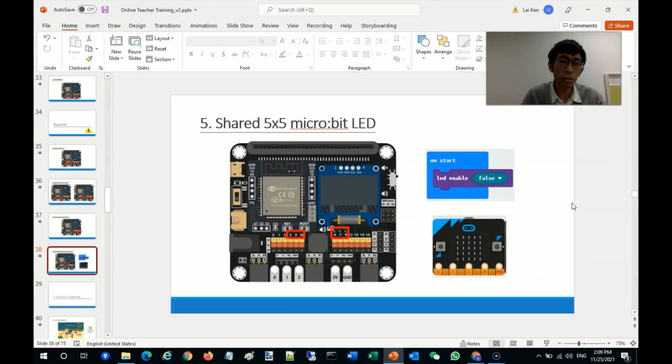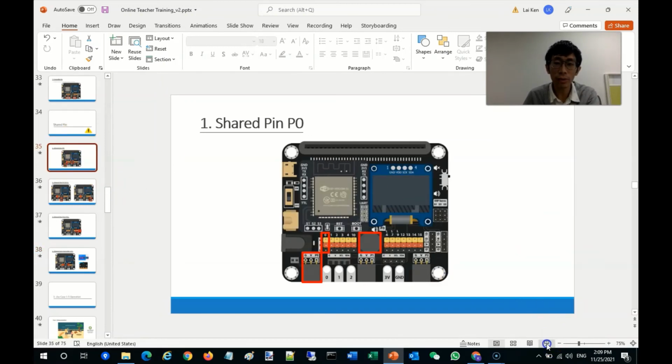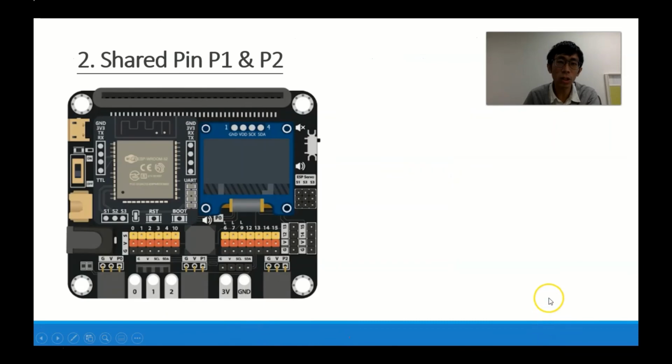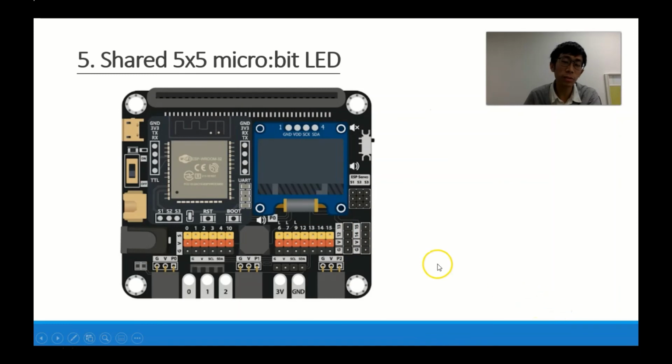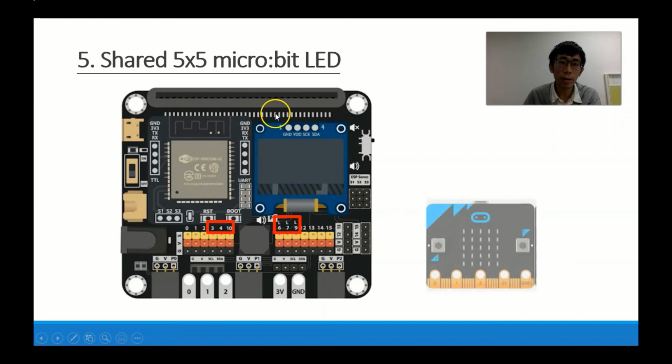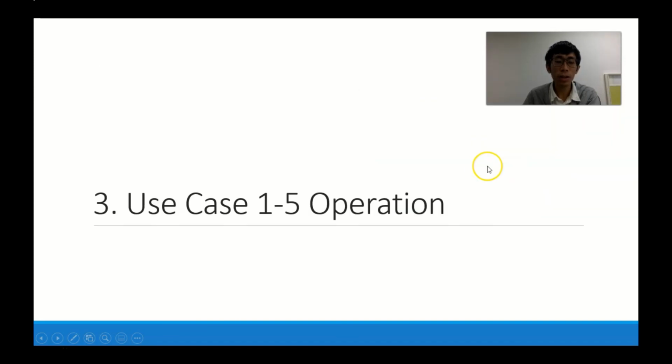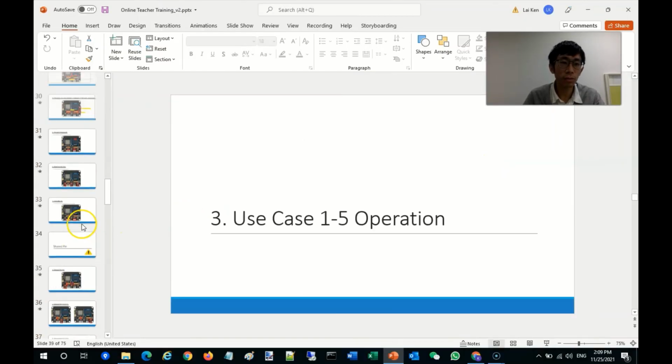So let me do the recap. For the shared pins, I need to let you know that P0, P1, P2, and the 3 pin and 4 pin are shared. You do not need to remember. You can notice all the wordings on the board, and then you know that the shared pins are shared by the LED. So shared pins are very important for you to know.